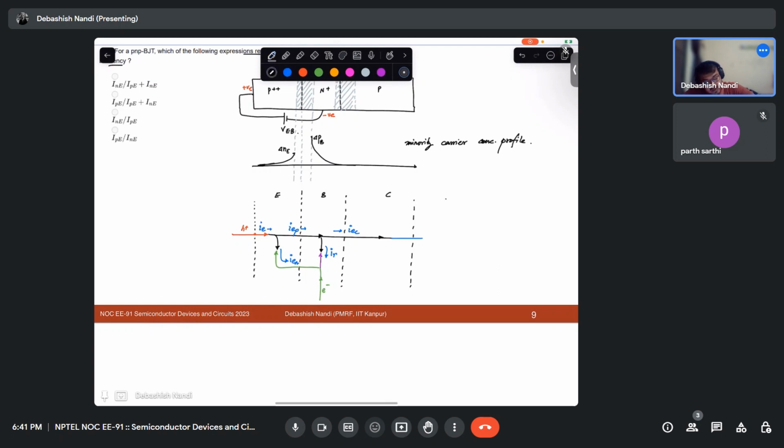So your emitter injection efficiency is nothing but IEP over IE.